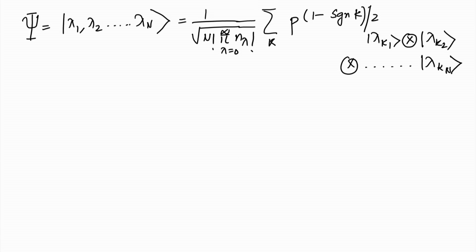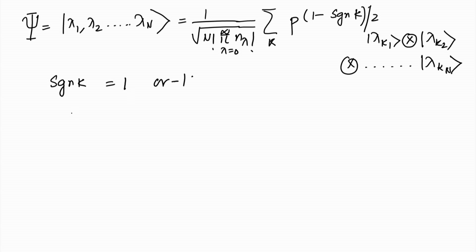When we swap particles, that is, make a transposition, moving particles from one place to another, these lambda 1, lambda 2 indices being swapped, sgn k is equal to 1 or minus 1.